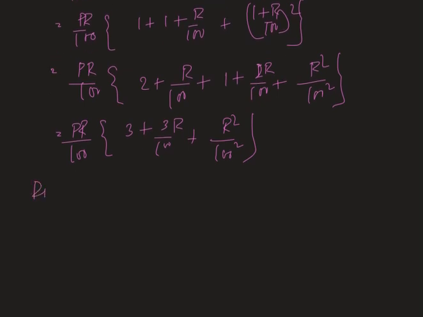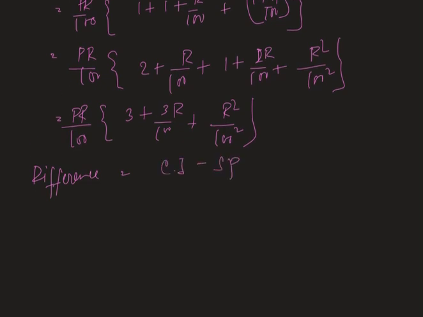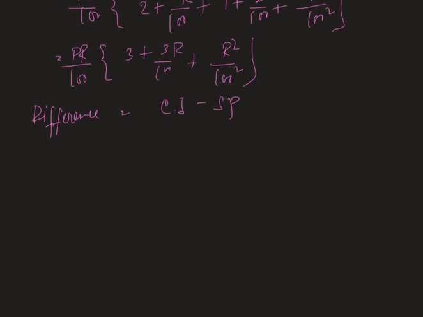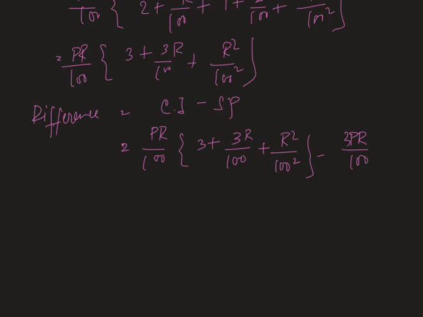So the difference between compound interest and simple interest, as we know that the compound interest is always greater than simple interest, we get PR divided by 100 multiplied by 3 plus 3R divided by 100 plus R square divided by 100 square minus simple interest, which is 3PR divided by 100.